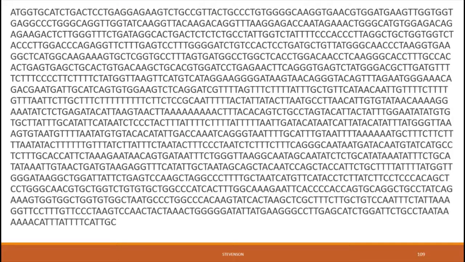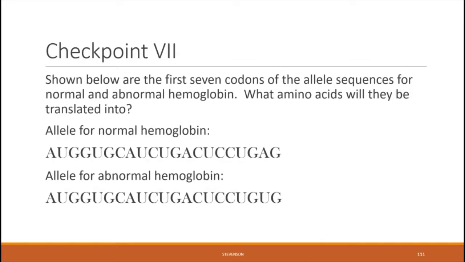Instead of being an A, it's a T. Now, I've taken these letters and I have transcribed them for you here into a messenger RNA sequence. This is the sequence of the first seven codons of the allele for normal, healthy hemoglobin protein. And down here, we have the sequence for the abnormal hemoglobin protein.